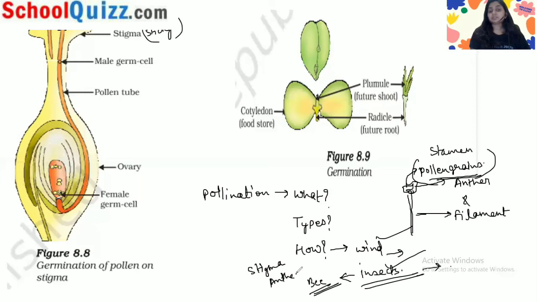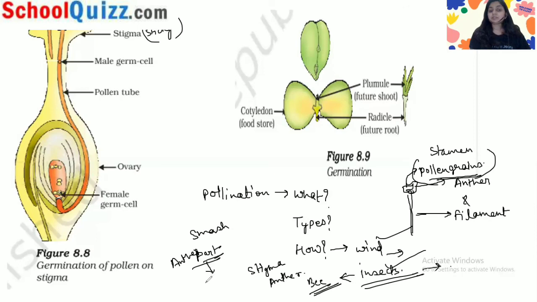So you take a flower and just smash the anther part of the flower. What will happen?